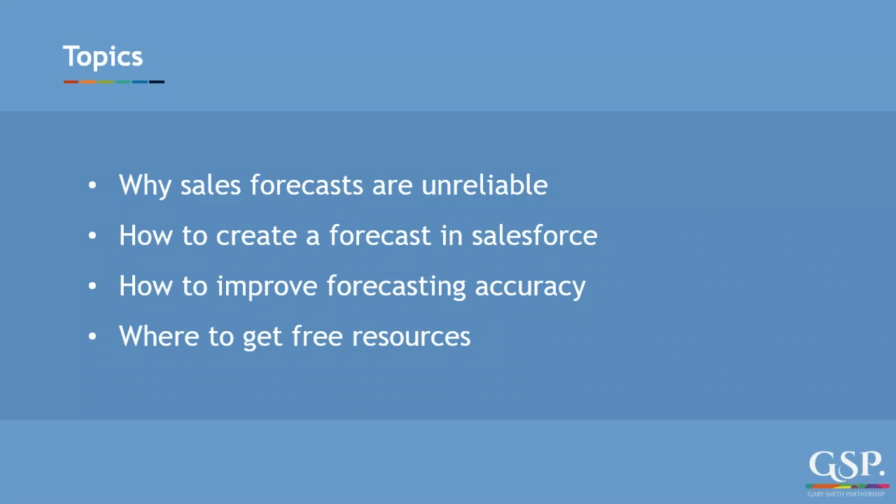And then we'll get on to the meat of talking about how do you improve the accuracy and the reliability of sales forecasts. And I'll look at some reports and some sales metrics that really help you do that. And finally, we have some free resources. We have some things that will really help you improve the forecasting and the reliability of that process in your business. So that's what we're going to cover.